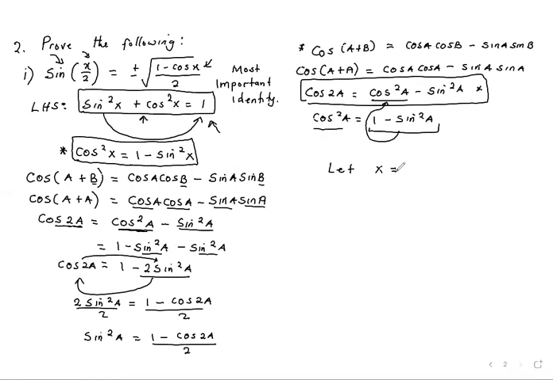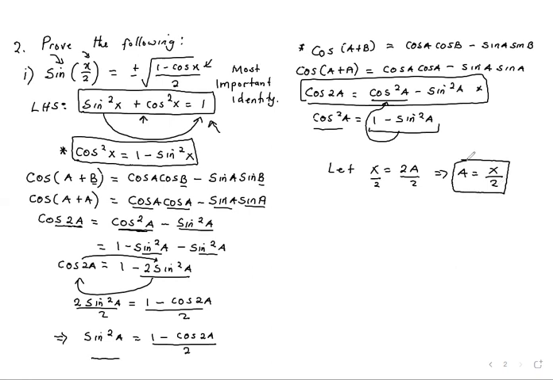So when you reach here, you let x be equal to 2A, so that if you divide by 2, A is going to be x over 2. So you keep this.